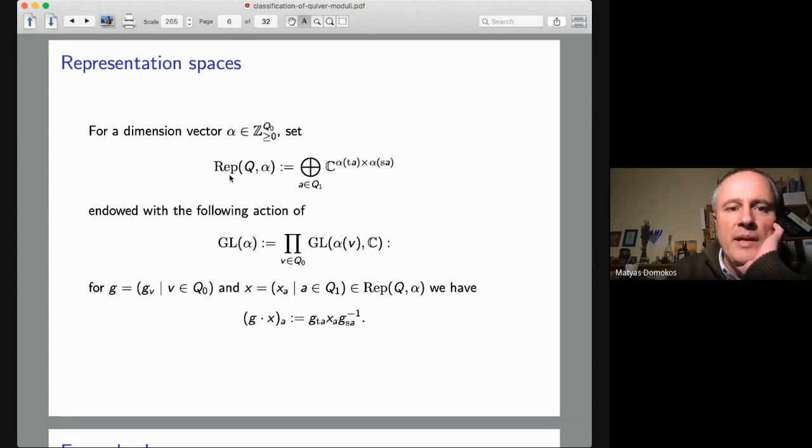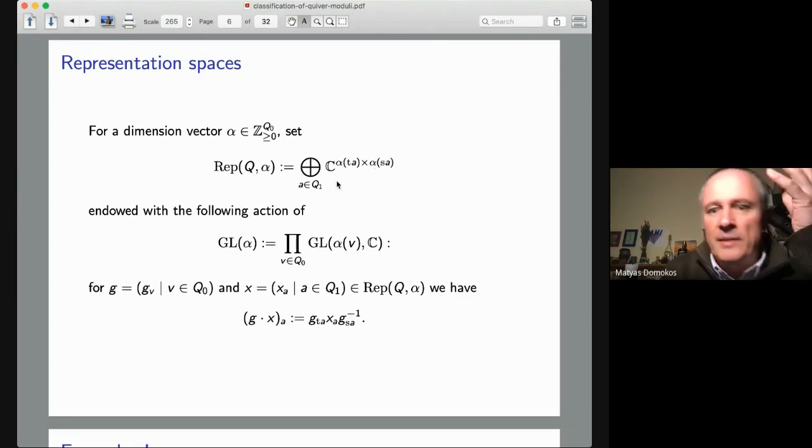We shall denote by rep Q alpha, and call the space of representations of Q of dimension vector alpha, a direct sum of spaces of matrices. For each arrow, we take matrices whose size is given by the values of the dimension vector on the target and the source of A. So this is just an affine space.